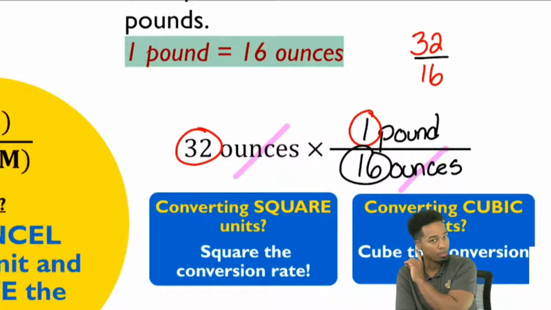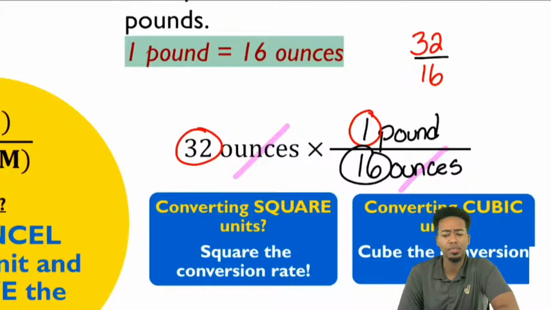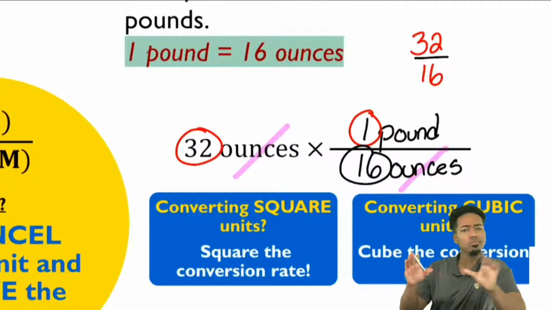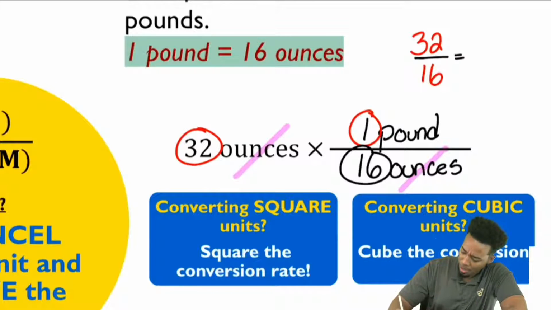And don't worry, we're going to go through plenty of examples before I let you do it on your own. But I want to make sure you understand how this works and how convenient this makes your life. So, quick question, everybody. What's 32 divided by 16? That's going to be 2. 16 times 2 is 32. Hopefully, we have enough practice with that, and if you didn't, don't worry, stay along for the ride. That's going to be 2 pounds.